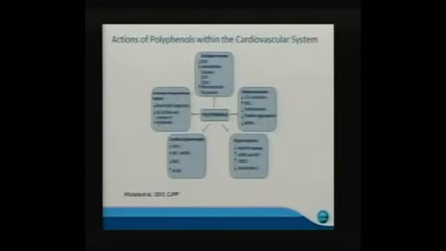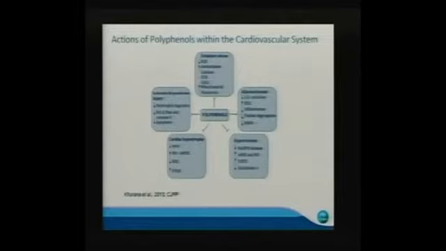And if you look at the reported properties of polyphenol within the cardiovascular system, as you can see, oxidative stress plays a role: reduction in oxidative species and increased mitochondrial activity. Then there is this atherosclerosis component: prevent oxidation of LDL, increase HDL, and so forth. And there is evidence on MMP, the matrix metalloproteinases.